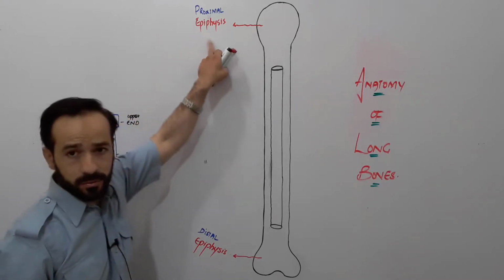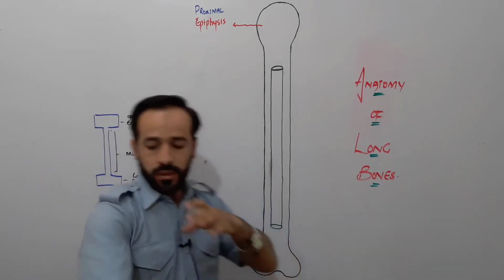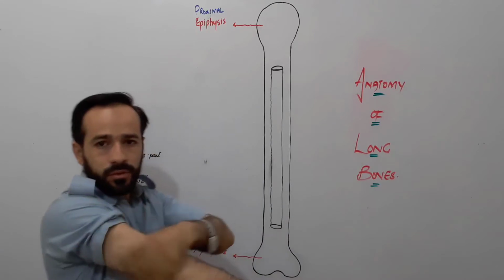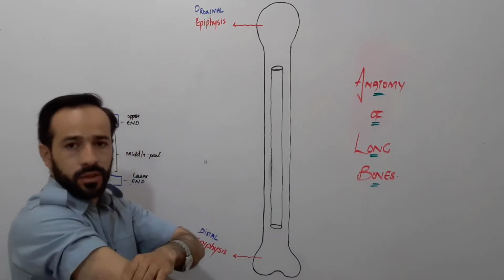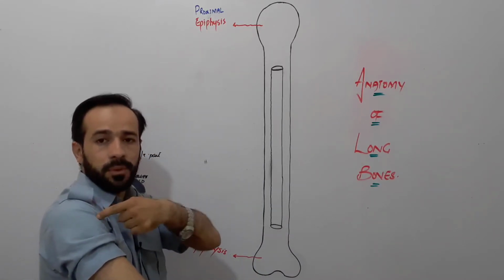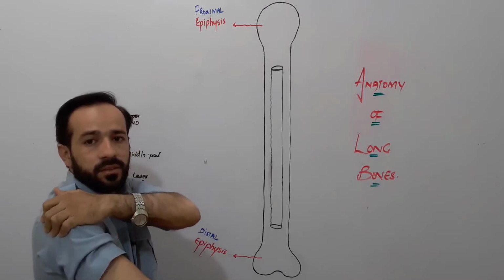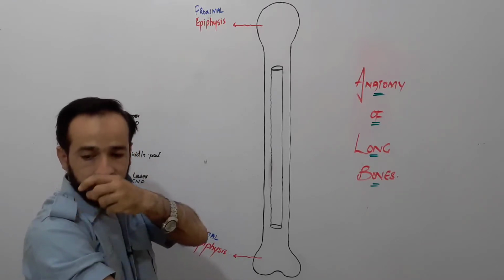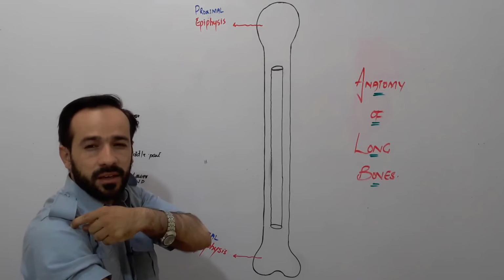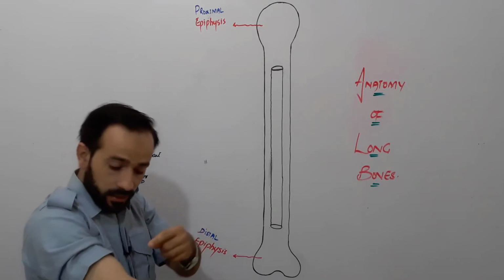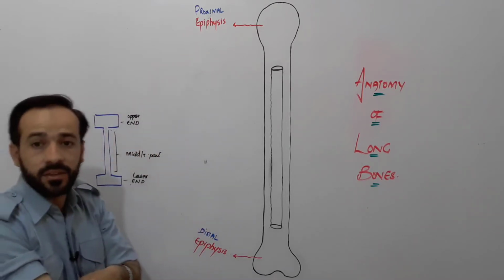Why is it called proximal? Because look carefully. If you look at my humerus bone, right? This is my humerus bone here. This humerus bone's upper end is in contact here, has made a joint here, right? And this lower end also has made a joint here.